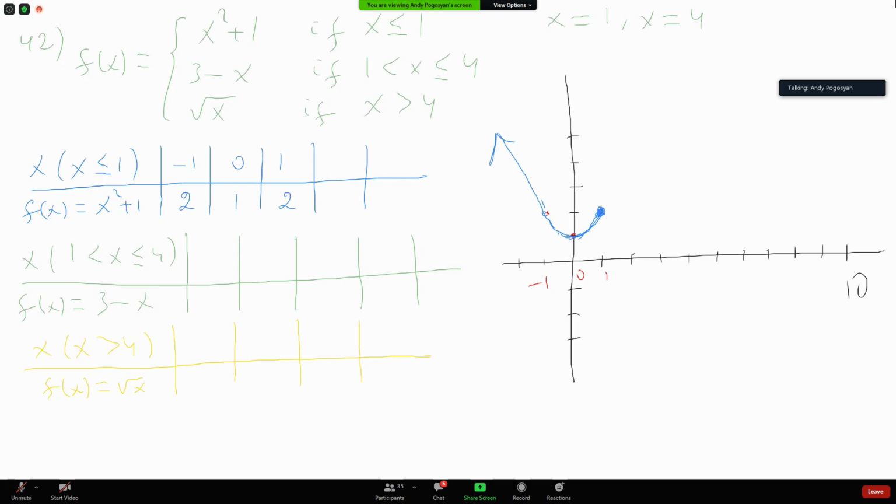Now for the green one, it's 1 through 4, but 1 is not included. Not included, but you need to use it. Then you can choose 2, 3, 4. So when it's 1, 3 minus 1 is 2.